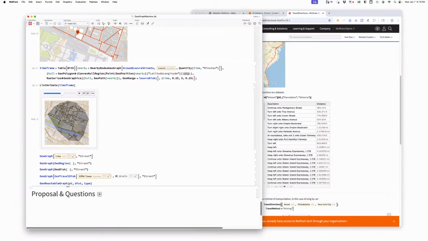Okay, so here's the difference. GeoGraph has a region and then a type, right? We agree? That's how we're planning to set it up, with a type. You mean streets, for example. Yeah, street.